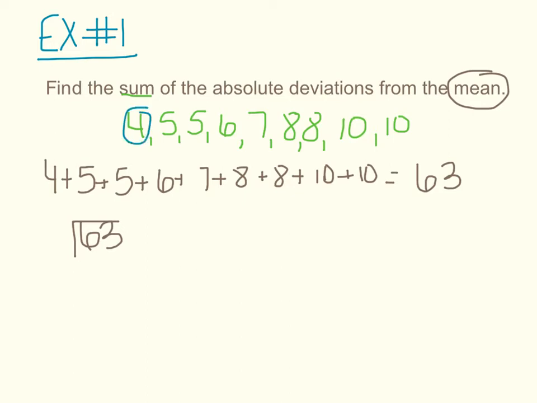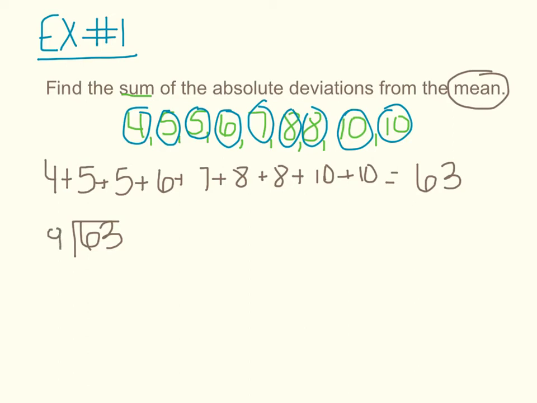There's 1, 2, 3, 4, 5, 6, 7, 8, 9 numbers in this set. So I divide it by 9. And we know 63 divided by 9 is 7. So the mean is 7. You should have known how to do that. We did that in a previous lesson.